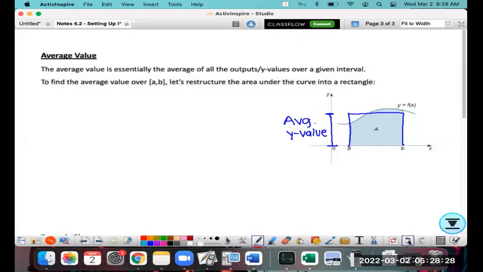Now, the area underneath the curve that I just took, exactly, we would find by integrating our function from a to b.